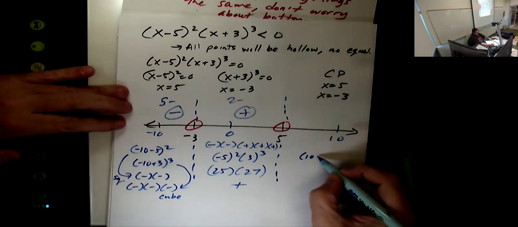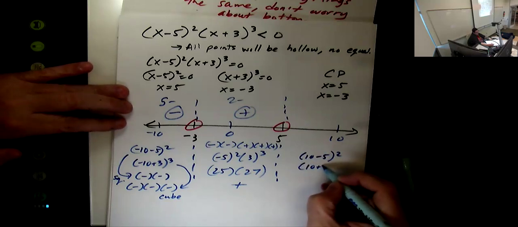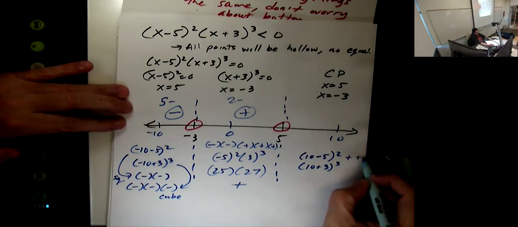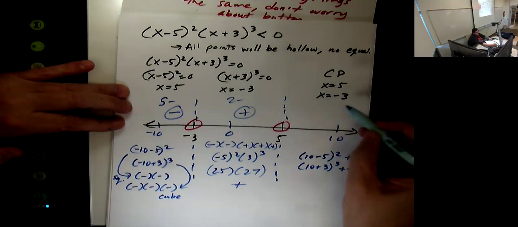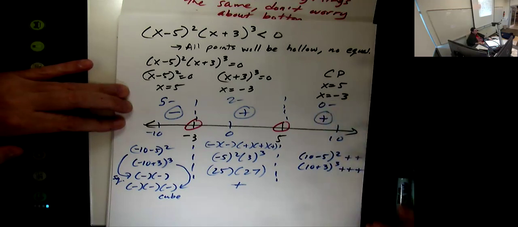And if I stick in the 10, that's a positive and a positive. That's a positive, positive, positive. There are 0 negatives, so this region is a positive.